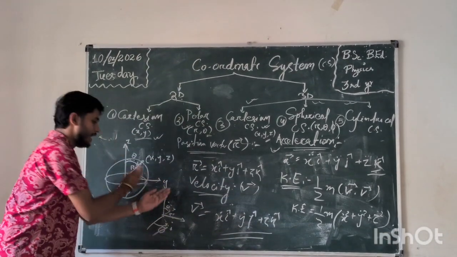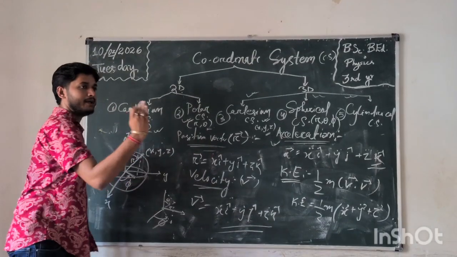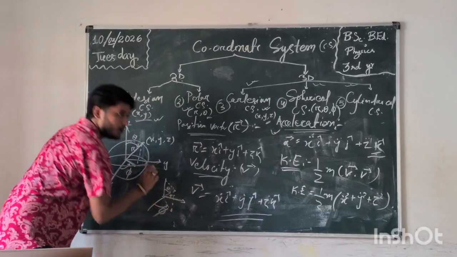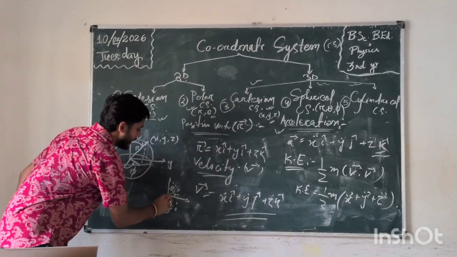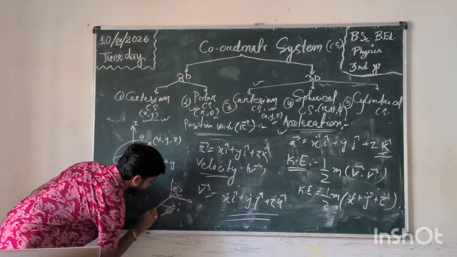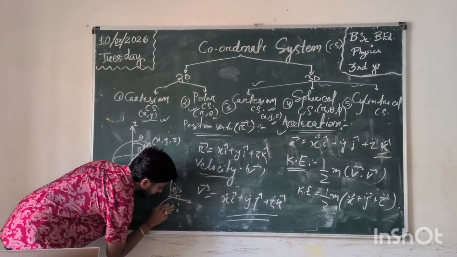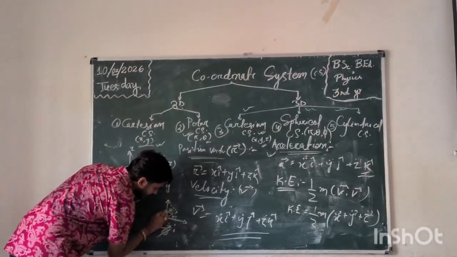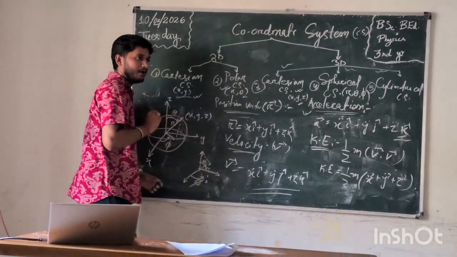So this plane is moving like this in a spherical manner. You got the plane? So from the x-axis it bends by phi, and from the z-axis it bends by theta.